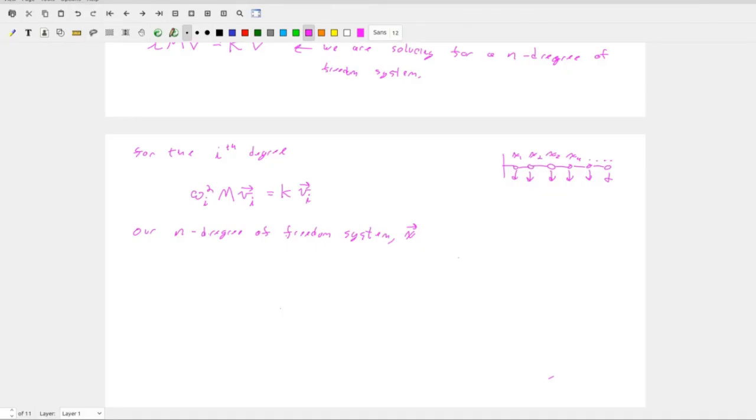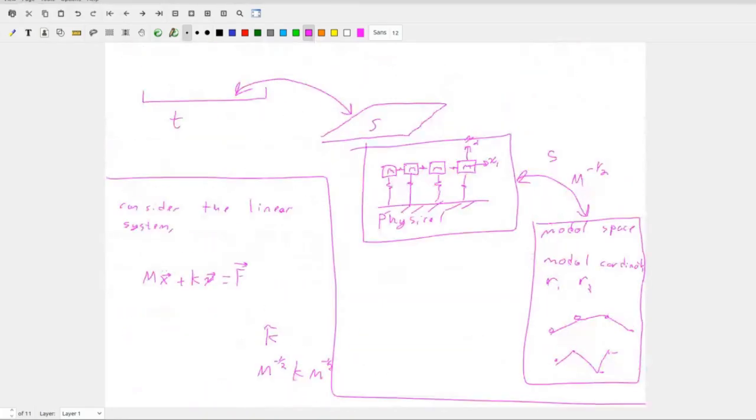No, what's omega i? The frequency of the mode that we're interested in. This is an x of i, a vector. So you're going to have a vector of displacements for each degree of freedom. That makes sense? So again, we're trying to solve for our physical displacement.